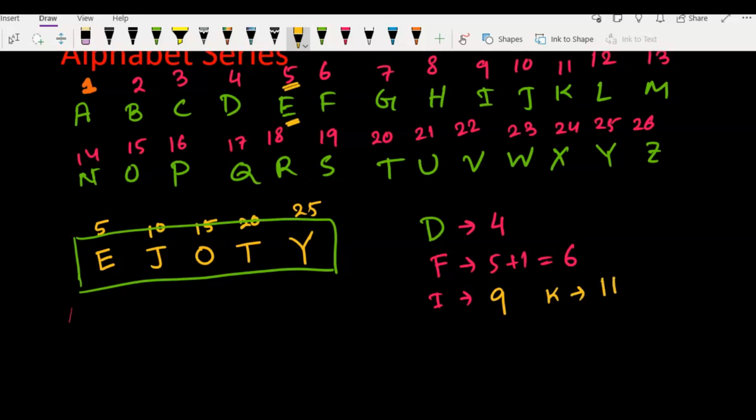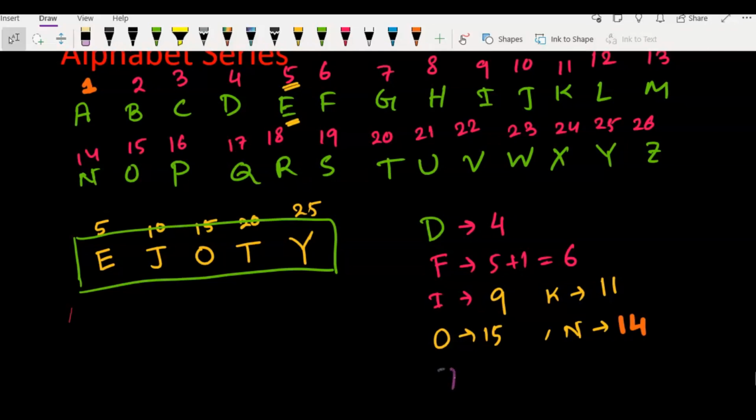What is for O? We have 15. What is just before O? N is just before O. So the place value of N is 14. Then we have T. What is just before T?